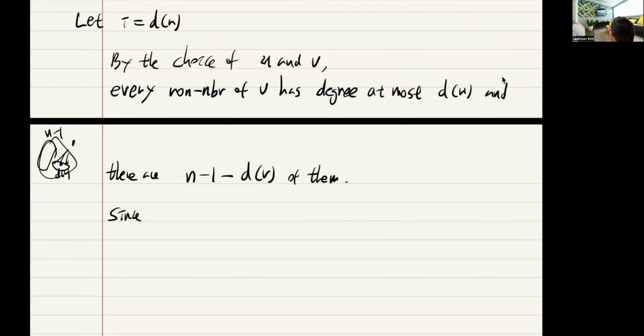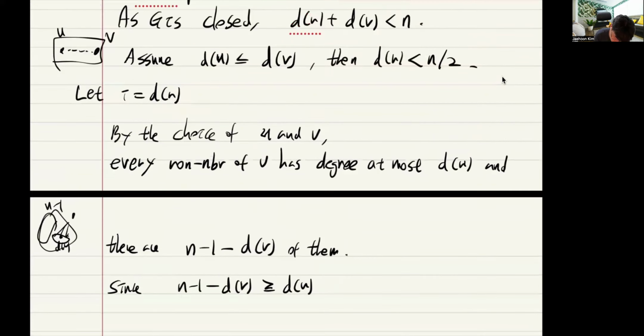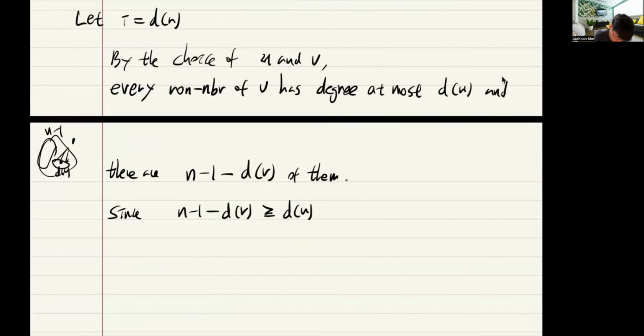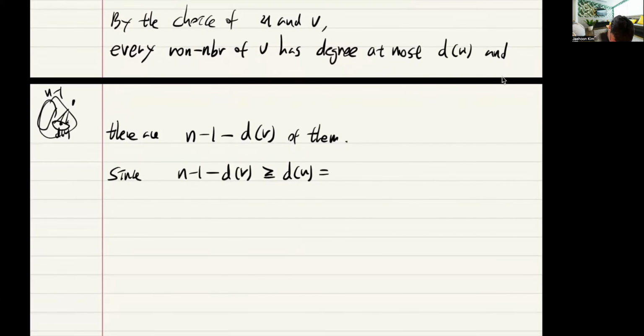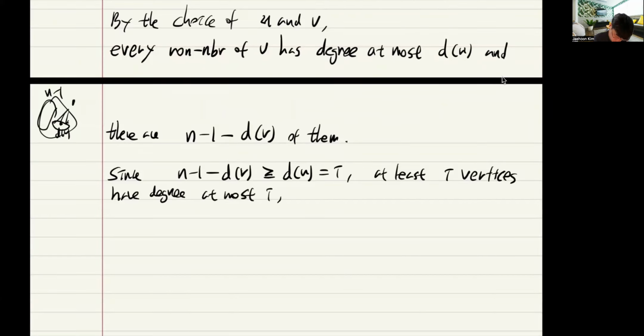Since d(u) is at most n minus 1 minus d(v), this is at least i vertices that have degree at most i.